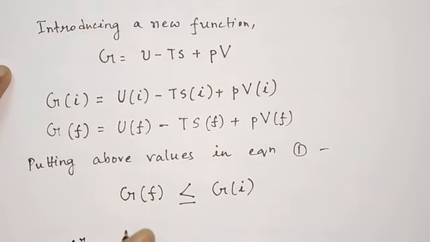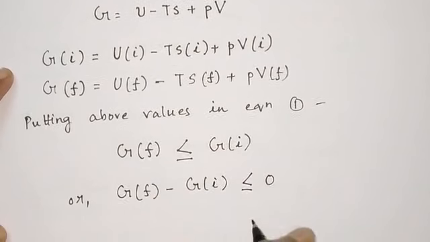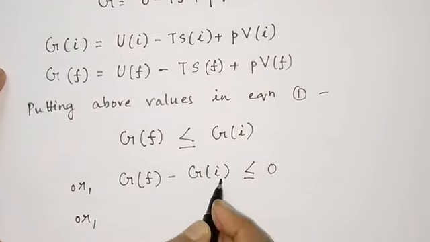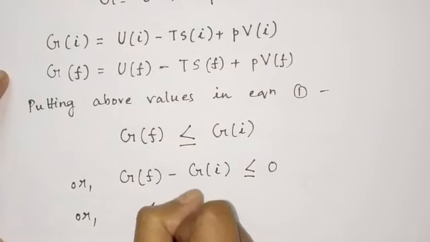Or Gf minus Gi, if we bring Gi on the left hand side, is less than or equal to 0. So what is Gf minus Gi? It is the value of the new function at the final state minus the new function at the initial state. So it is the change in the new function, delta G, less than or equal to 0.